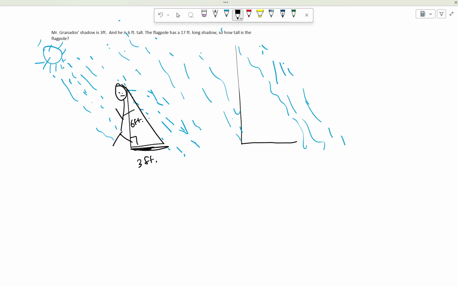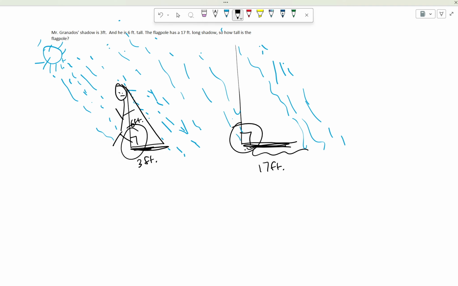right? It's a proportional shadow, and this is how we know the shadow is proportional, is because this guy's going to be 17 feet tall. Both are vertical and have this right angle, right?